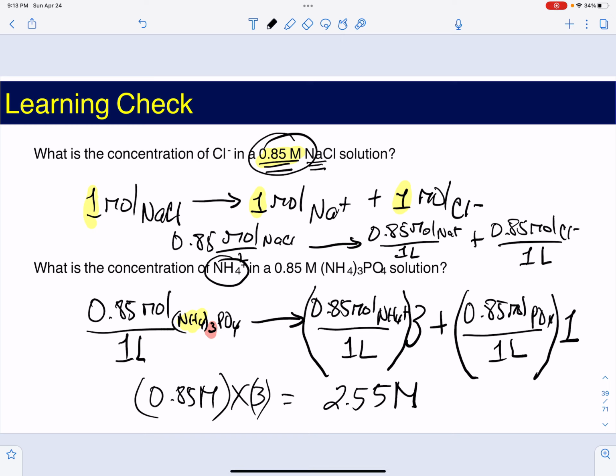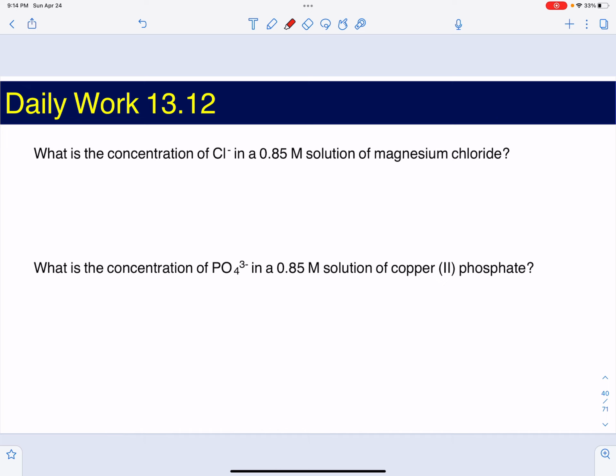So all you have to do is look at the formula, see what is the ratio between the compound and the ions, and then just multiply by that ratio, and that should give you the concentration based on the ions themselves. So once you do that, you should be able to do that problem.